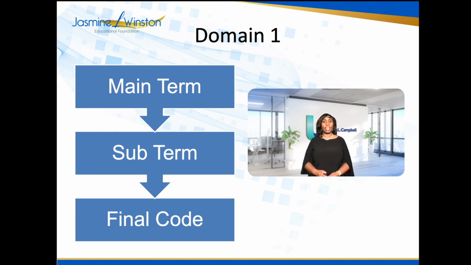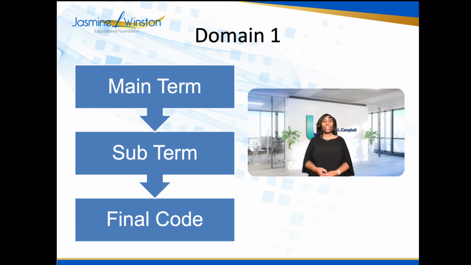Once you identify the conditions that you want to code, the next step is for you to select your main term in the alphabetical index. Of note, the main term should not be a body part. Why? A body part isn't a condition. So your main term should really be that active process, that condition that your patient has.